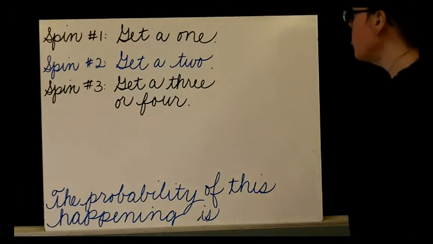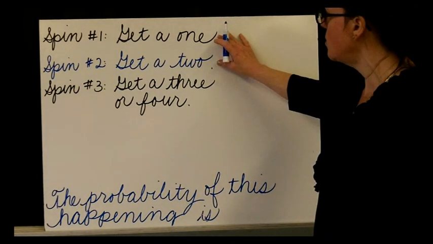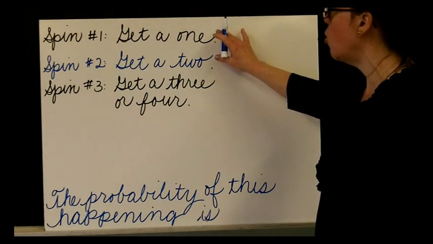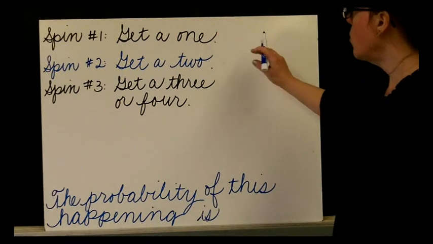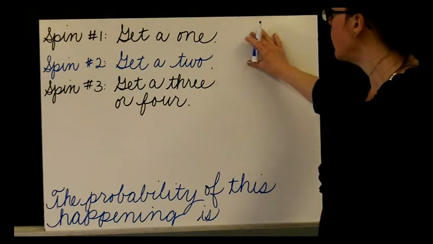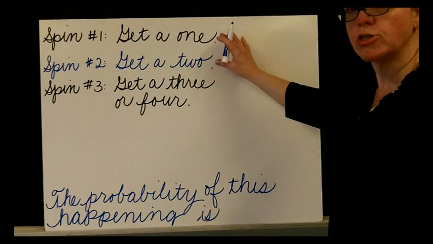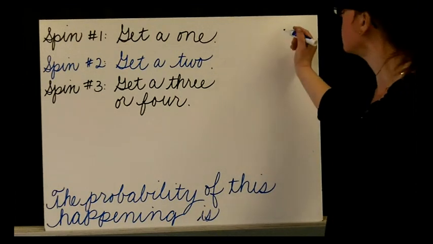Well, the first parameter of this problem is that we have to figure out the odds, or the probability of getting a 1 on our first spin. And you remember that when we are working with theoretical probability, our formula is to set up a fraction with our favorable outcomes over possibilities.